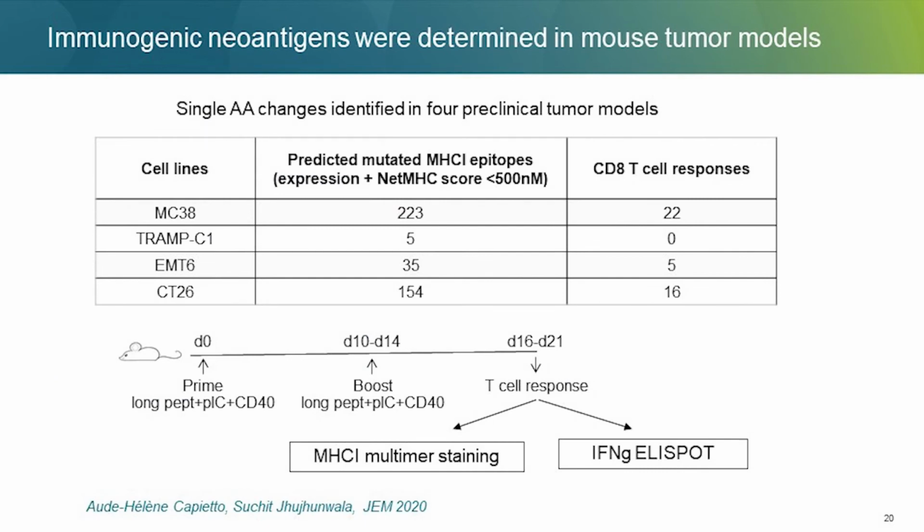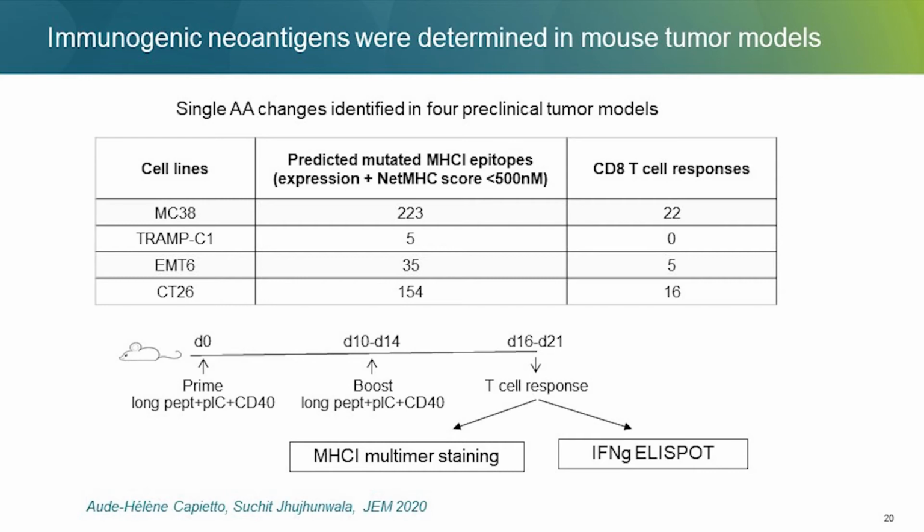So what we decided to do in my group is to identify immunogenic neoantigens in our mouse tumor models. And we have predicted MHC class 1 neoepitopes just by looking at expression and binding, using an MHC score of less than 500 nanomolar, in 4 different tumor models.